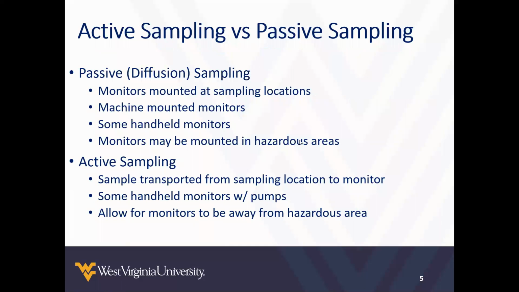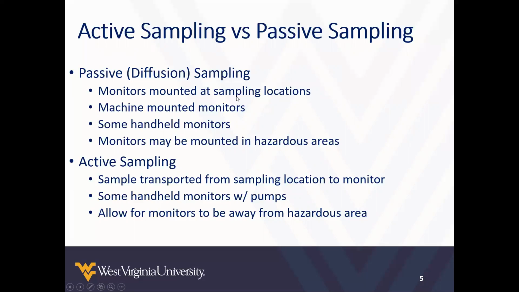First I'm going to talk about different types of sampling, active and passive. I believe many of the monitors used in mines are passive, as far as I know. That means the sample isn't actively moving over the sensor, and it's also called diffusion sampling.